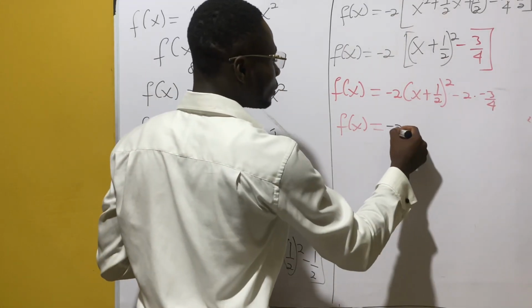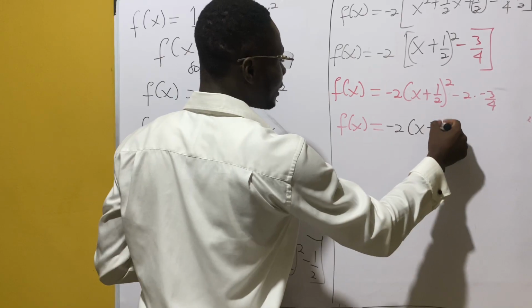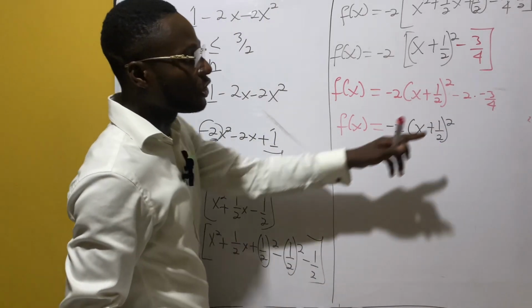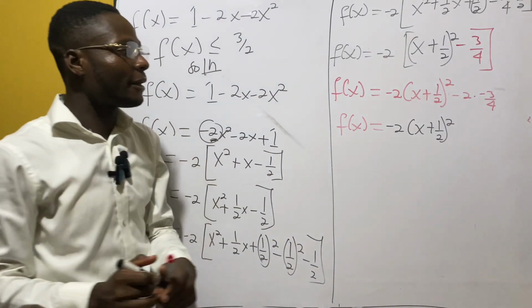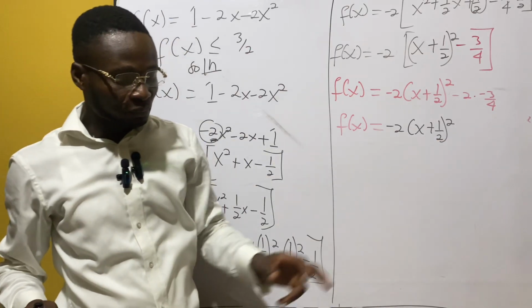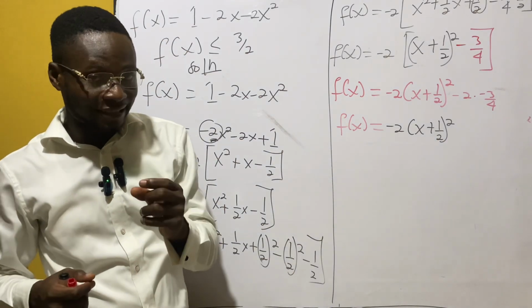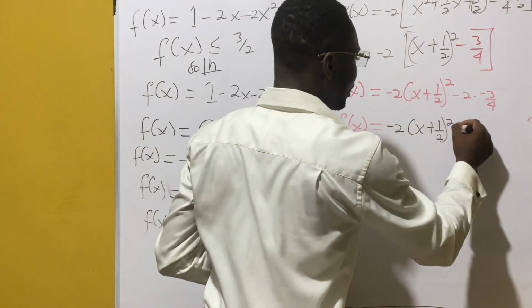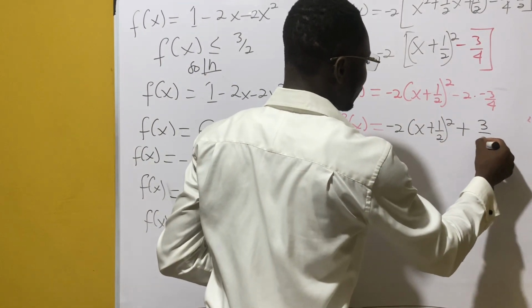You know that minus 2 times minus 3 on 4 is going to give us plus 3 on 2. So here we have plus 3 on 2.